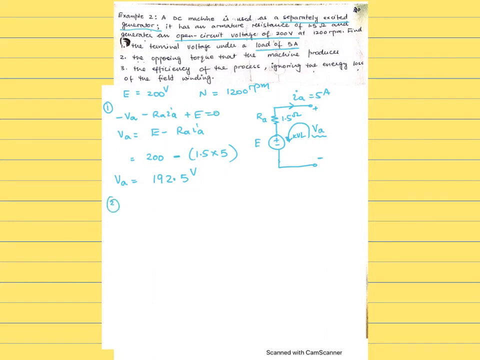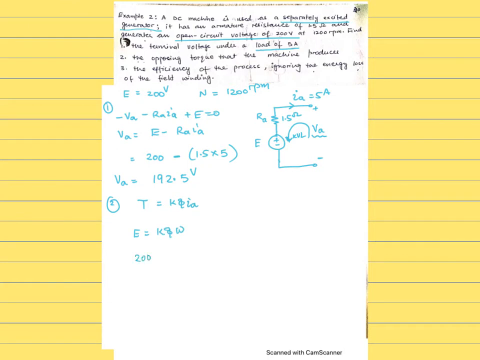Part 2 of the question is we're looking for the opposing torque, because this is the generator that the machine produces. So we're looking for the opposing torque, which is given by K phi IA. Now, we actually don't know much of this. But what we can do is make use of the equation E equals K phi omega.